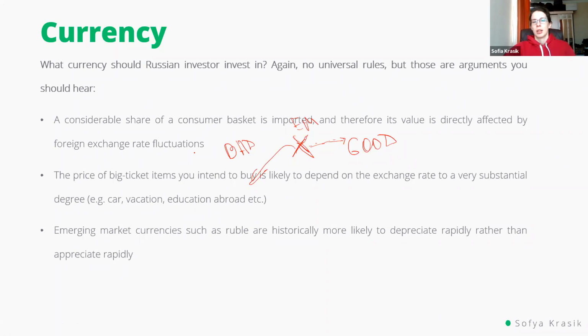So generally, it's considered that for emerging market currencies, rapid drops in exchange rate are more likely than rapid appreciation. There may be neither drop nor appreciation, or just appreciation. So it still does not allow us to speculate, but if you think about this, maybe you'll be more protected.